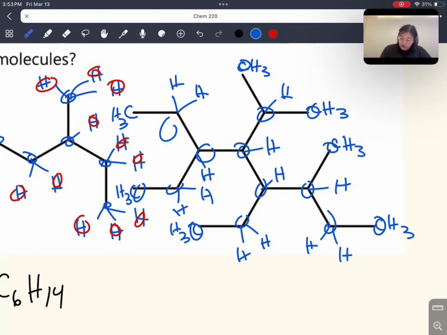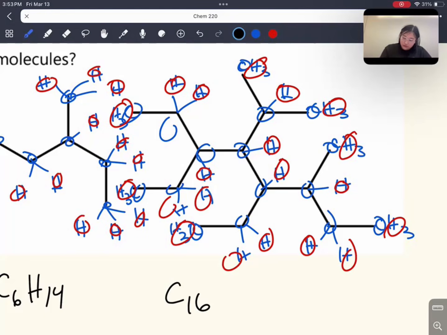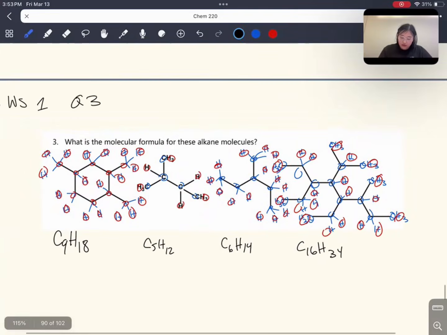So C16. And then the number of hydrogens I have are 1, 2, 3, up to 34. So H34. And that is how you figure out the molecular formula for these alkane molecules.